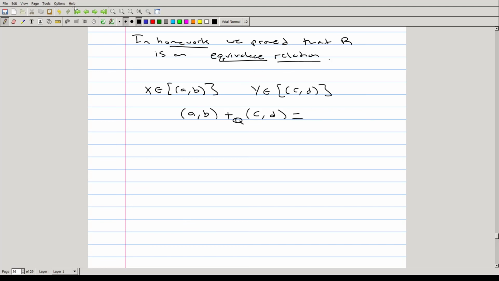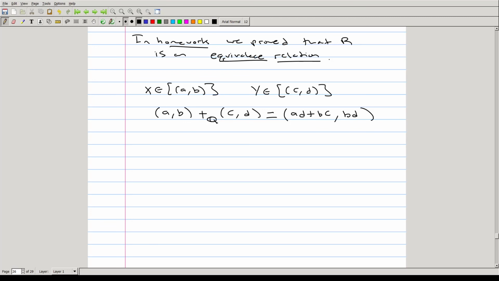is now not direct addition like it was for the integers, but the ordered pair (a, b) plus the ordered pair (c, d) is going to give you a new ordered pair that is (ad + bc, bd).